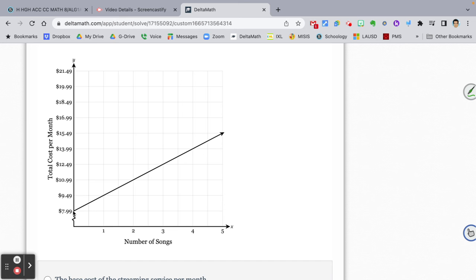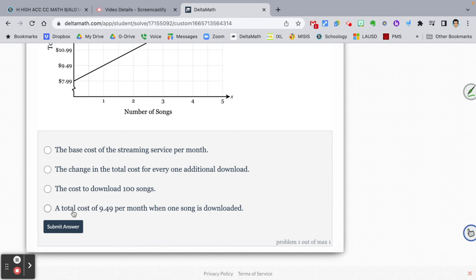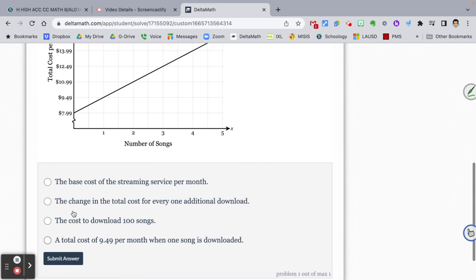So it's one of these situations. The base cost of the streaming service per month, the change in the total cost for every 1 additional download, the cost to download 100 songs, a total cost of $9.49 per month when 1 song is downloaded. Well, that one we could rule out right away.